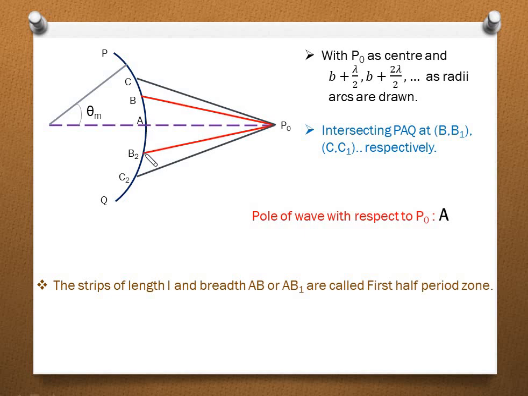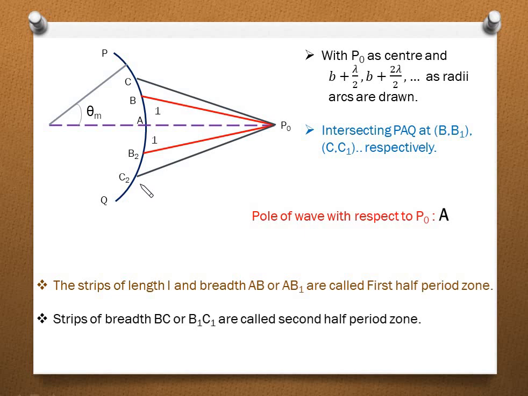This strip of length L and breadth AB or AB1 is called the first half period zone. Similarly, the strip of length L and breadth B to C or B1 to C1 is called the second half period zone for this cylindrical wavefront, and so on.